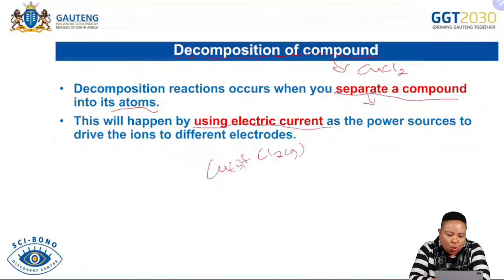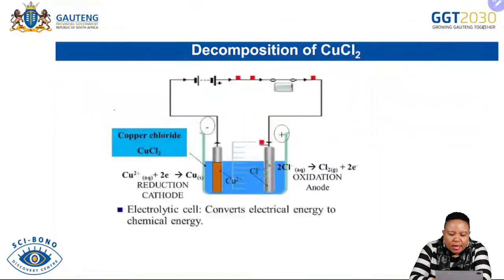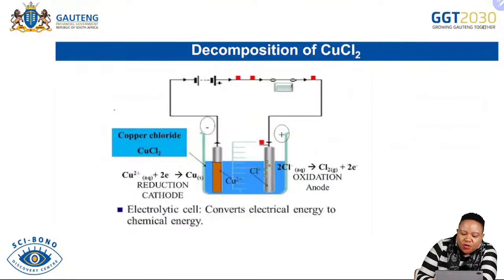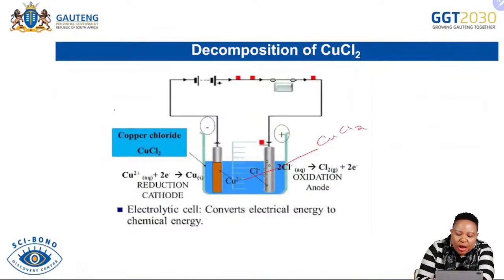Now let's look at the schematic diagram we can use to decompose copper chloride into copper and chlorine gas. In the diagram, we have our electrolyte, which is copper chloride, and both our anode and cathode are inside the electrolyte.